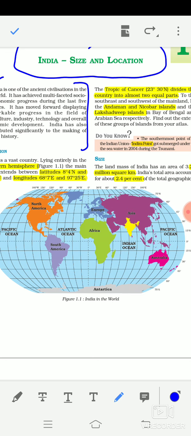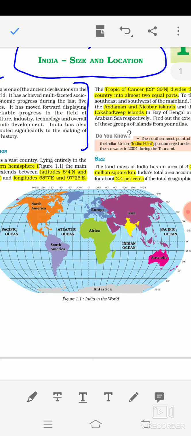It is dividing the whole earth into two hemispheres: the northern hemisphere and the southern hemisphere. And the 0 degree longitude is dividing the whole earth into two parts: the eastern hemisphere and the western hemisphere. Clear?